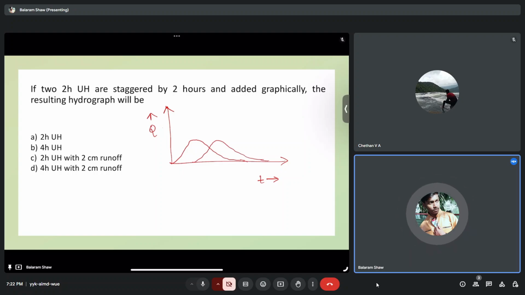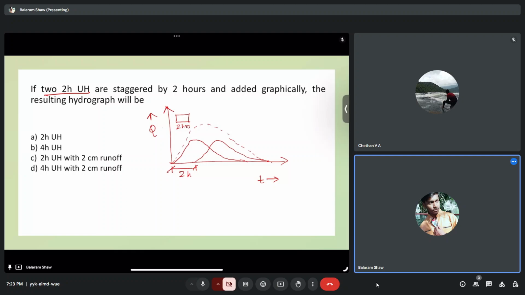Now, what they are saying is that it is added graphically, so something like this you are getting, right? So the resulting hydrograph that you will be getting. So here we are just taking the 2 hour unit hydrograph, which is staggered by 2 hours. So let's say this is 2 hours. Okay, and again this is 2 hours of unit hydrograph only, right? Okay, now we are adding that graphically.